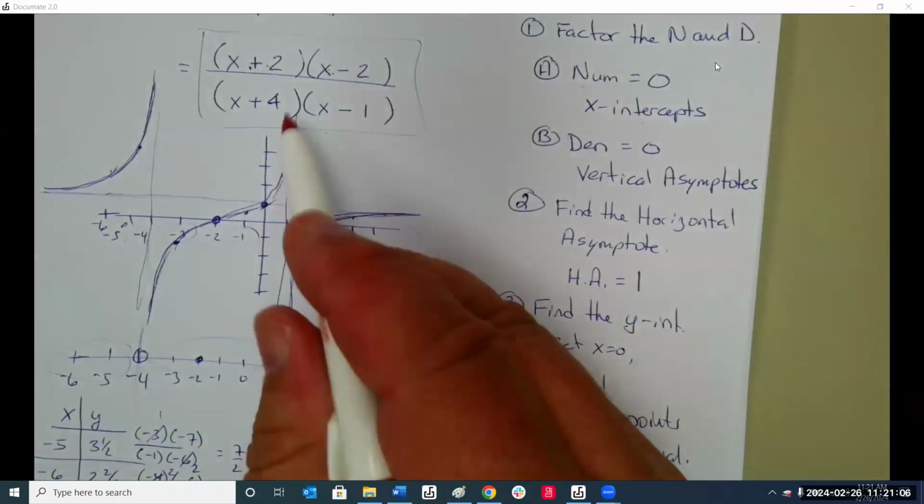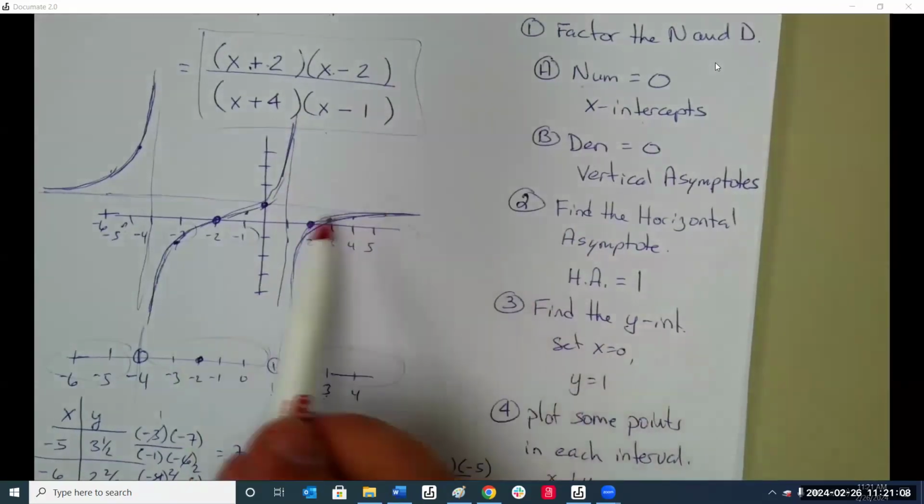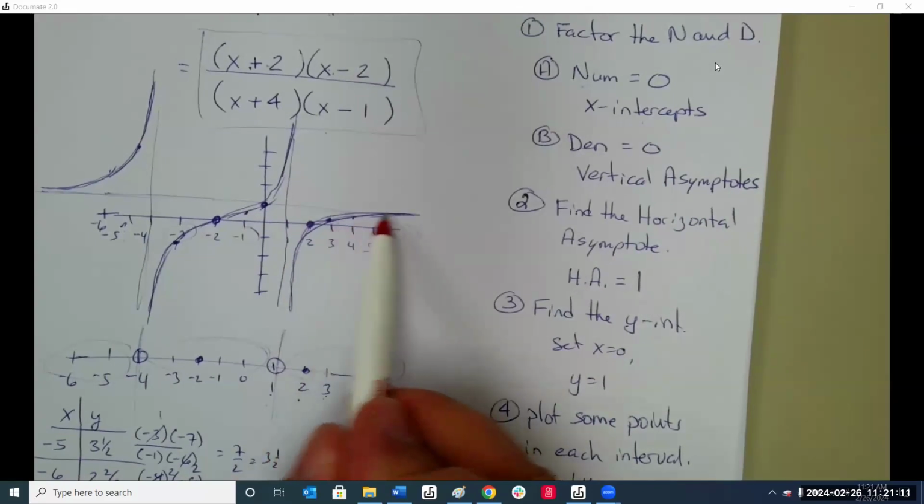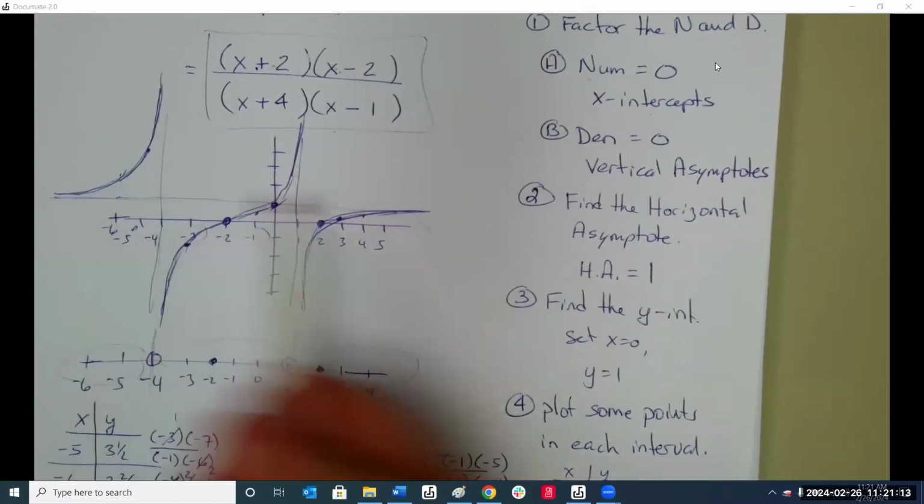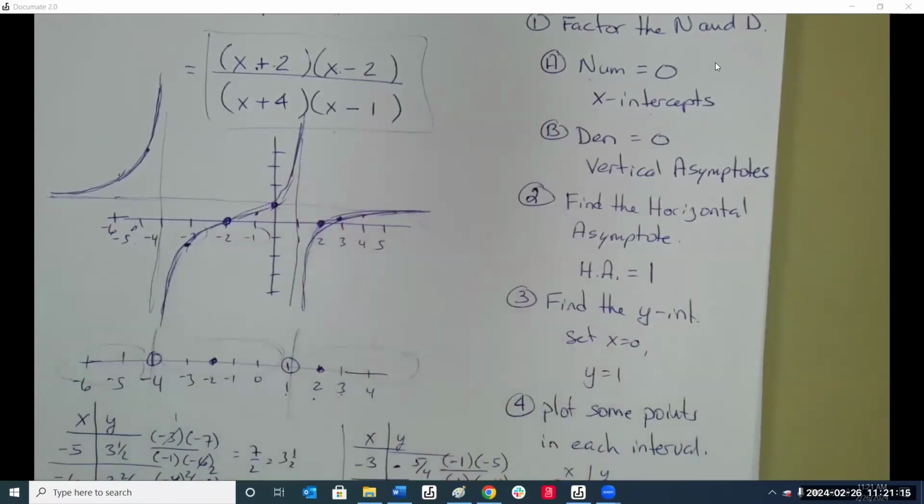We know it can't cross the vertical asymptotes. And since it approaches this horizontal asymptote, the only place it crosses is here. So just piece together parts of the graph. Let's try another one.